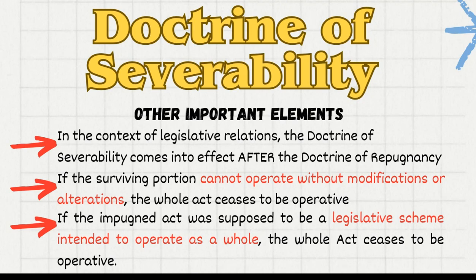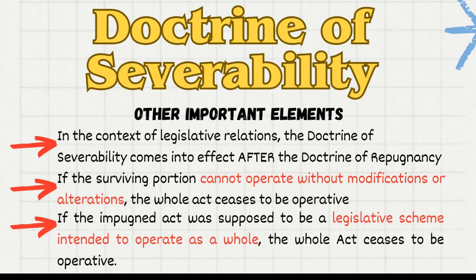In the context of legislative relations, the doctrine of severability comes into effect after the doctrine of repugnancy. That is, only the repugnant portions are severed or expunged from the impugned act. Next, it must be noted that if the surviving act cannot operate without alterations or modifications by the court, the whole act must fail.